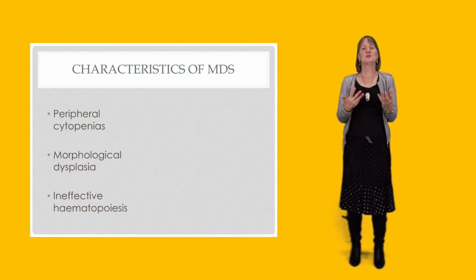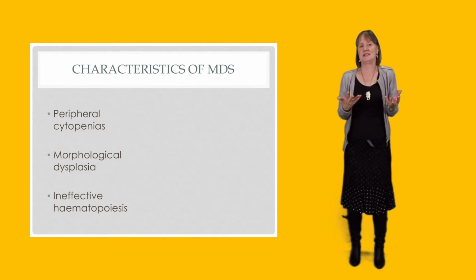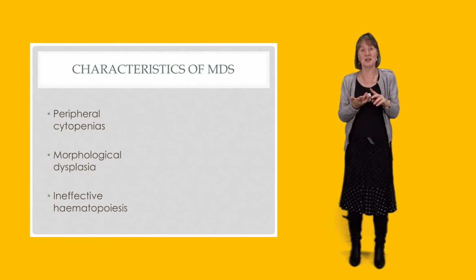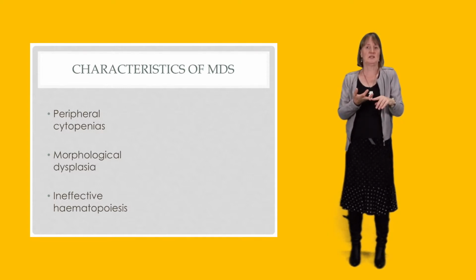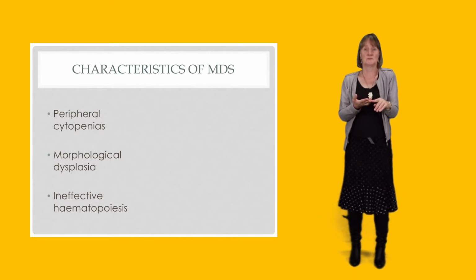Now we're moving on to how myelodysplasia presents in an individual patient. There are 3 cardinal features really. One is the presence of peripheral cytopenias. So we're talking anemia, neutropenia, thrombocytopenia, and it can be any one or any combination of those.